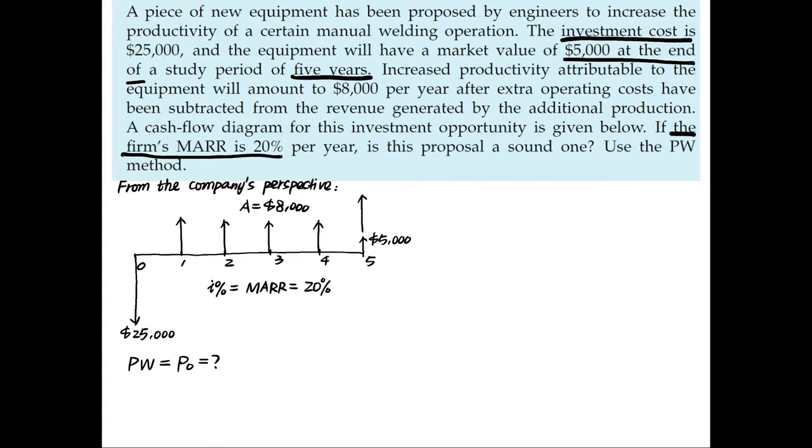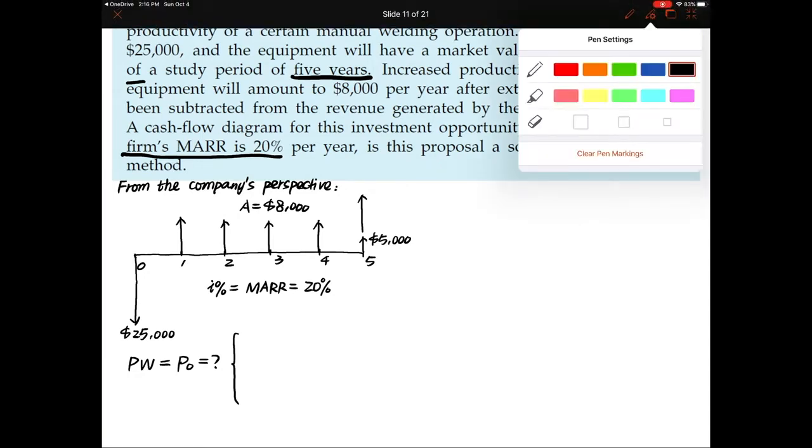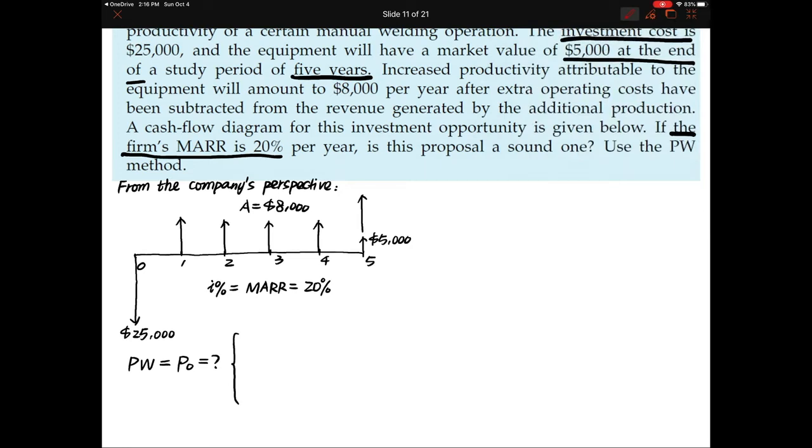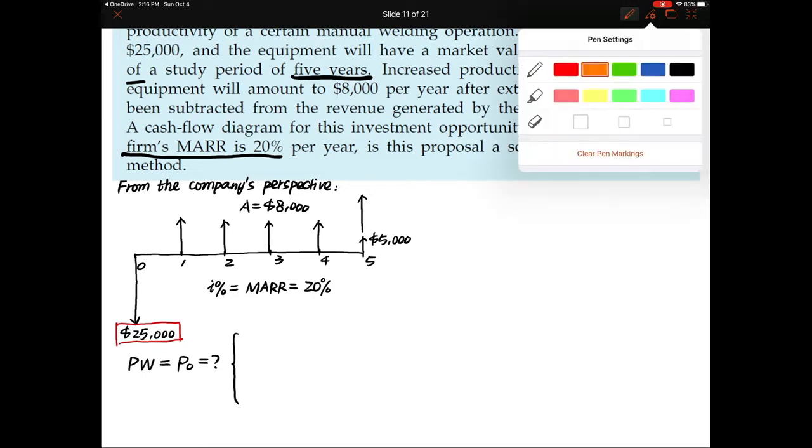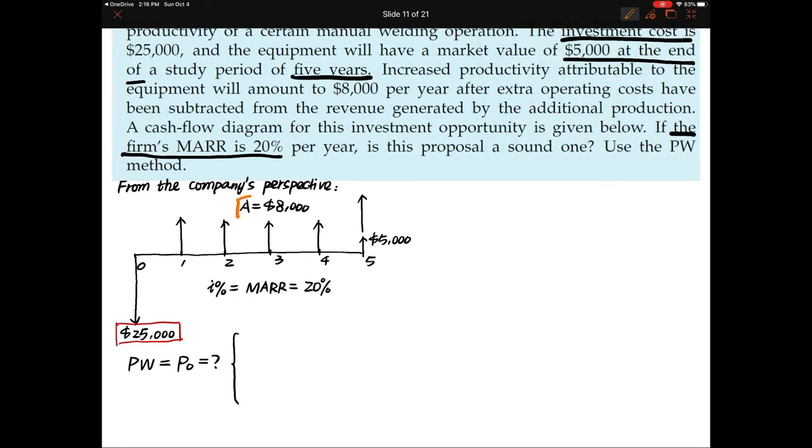Now the problem is a multiple cash flows problem. Remember, you need to determine how many parts of P0 you have. You have the first part, the second part from the annuity, and third, the part of P0 from the future value of 5,000. So that's 3 parts.